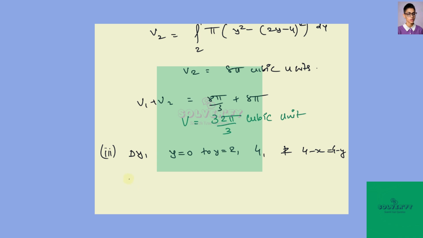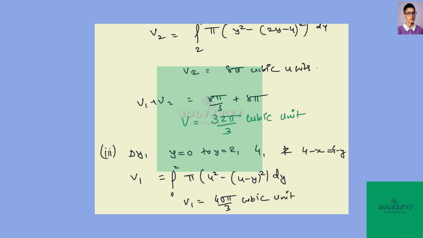We will find volumes V1 and V2. V1 is for y from 0 to 2, and V2 is for y from 2 to 4. So V1 equals the integration over 0 to 2 of pi multiplied by (4 squared minus (4 minus y) whole squared) dy. On calculating this, we have volume V1 equals 40 pi by 3 cubic units.